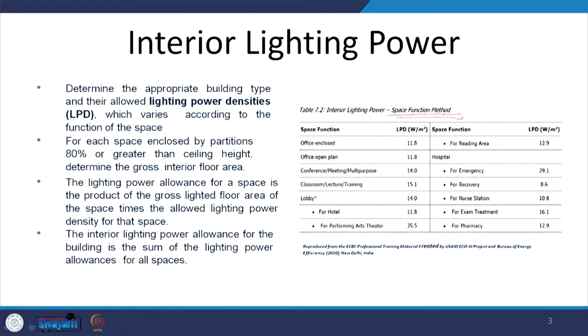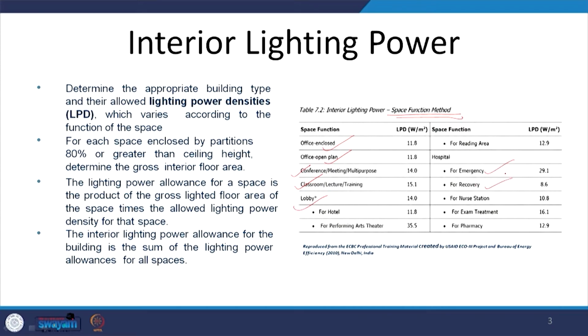Now, in this space function method, we have different functions assigned to the spaces. For example, an enclosed office area, an open plan office area, a conference or multipurpose hall, a classroom or a lecture room, the lobby of a hotel, emergency or recovery in a hospital, and like that.